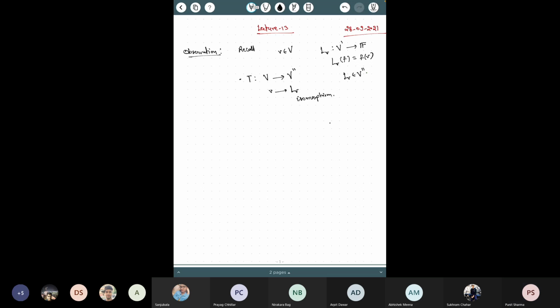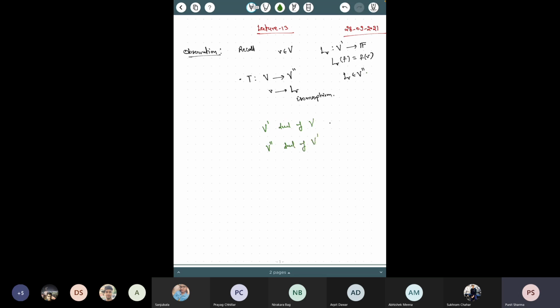Therefore we usually identify V with L_V like this, and say that V is the dual space of V dash. Usually we say that V dash is the dual of V, and similarly V double dash is the dual of V dash.